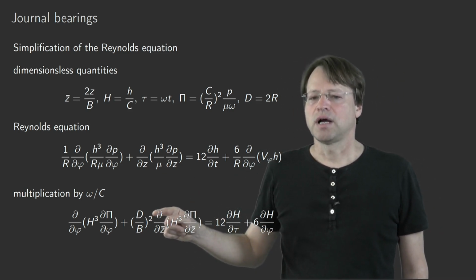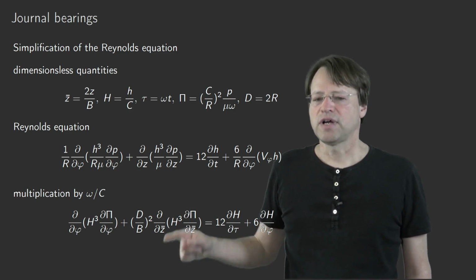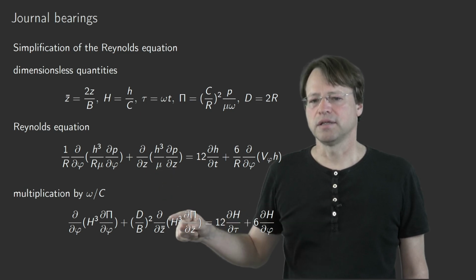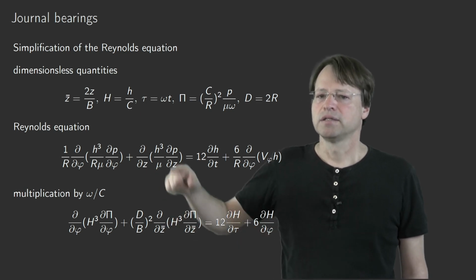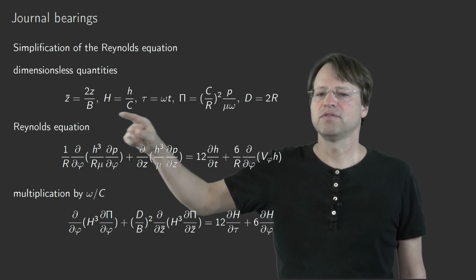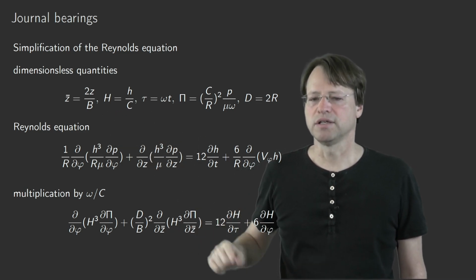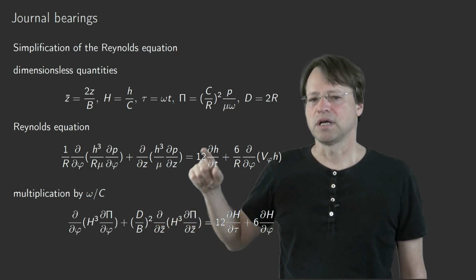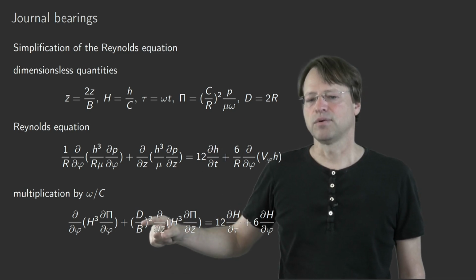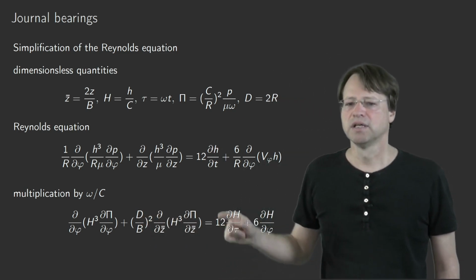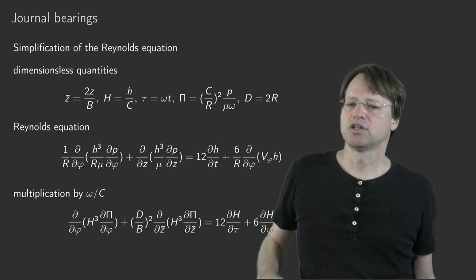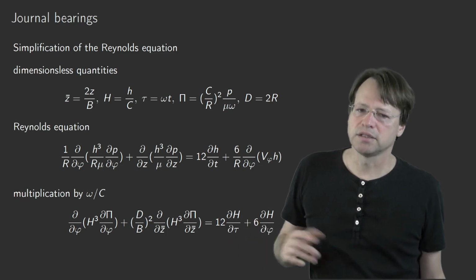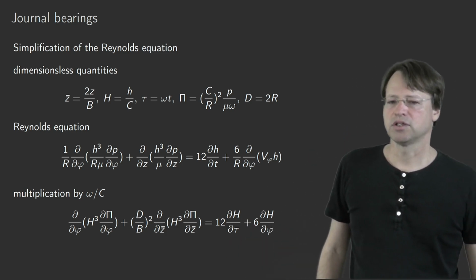Finally, we have to transform the derivative with respect to z into derivatives with respect to z bar. This leads to a factor of 2 divided by b, as we have to do this twice, 2 divided by b squared. The 2 we use to multiply with the r to yield d. Therefore, we have d divided by b squared, d by dz bar, h cubed d pi divided by dz bar. And this is the dimensionless Reynolds equation.